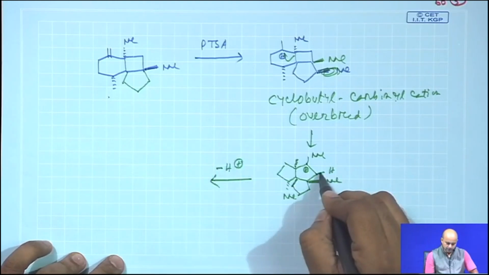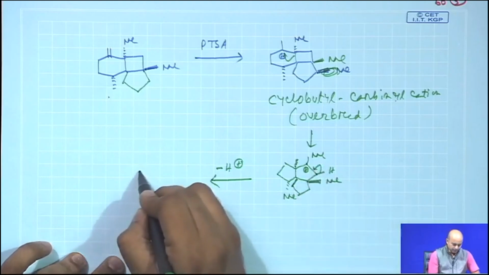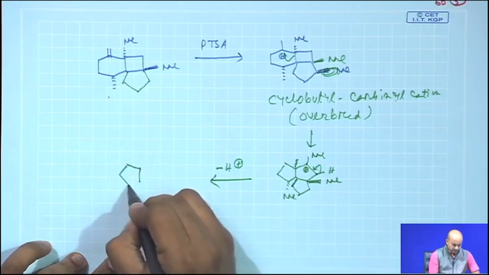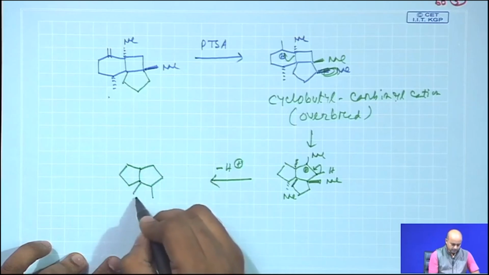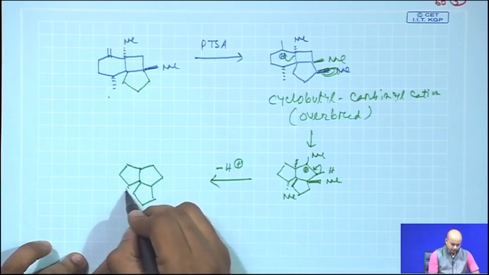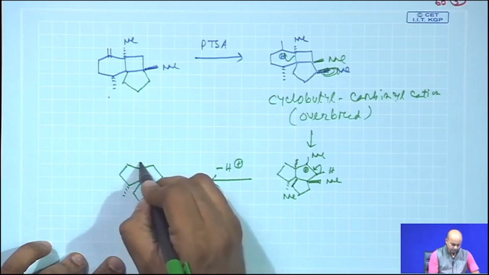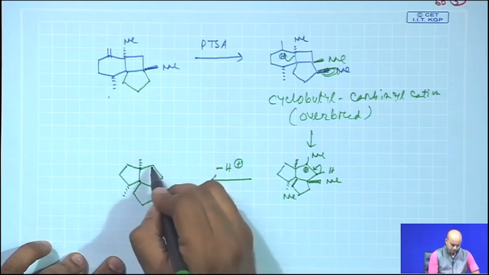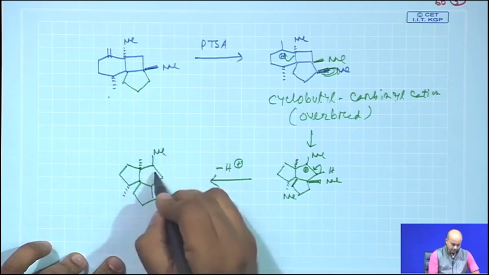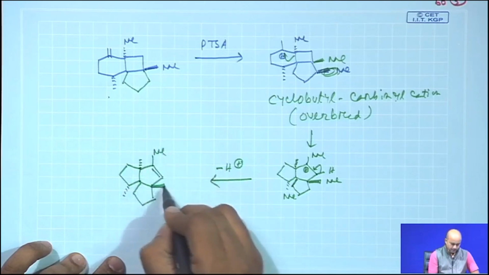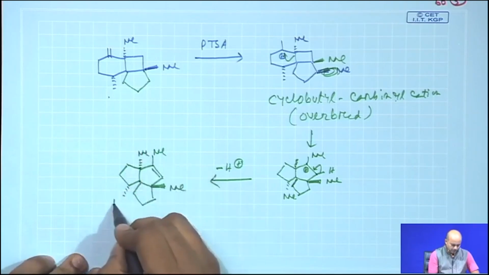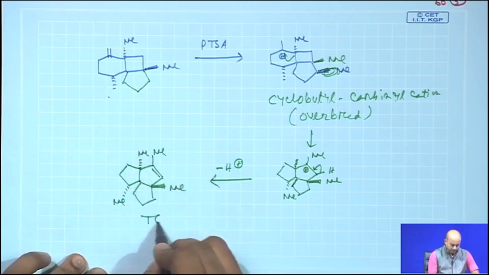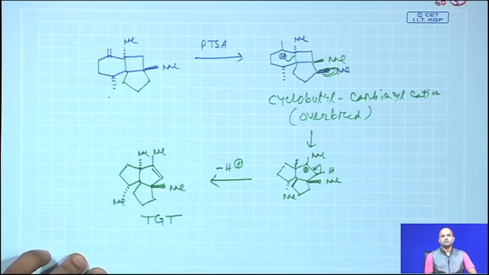So, this elimination now takes place, and then you basically get the final product: your methyl is there, your double bond and this methyl. So, the target molecule has now been achieved.